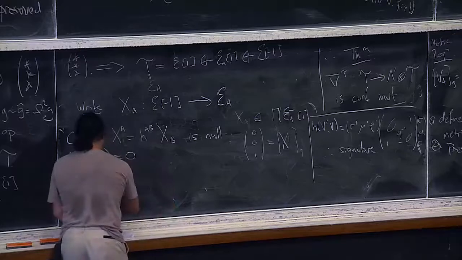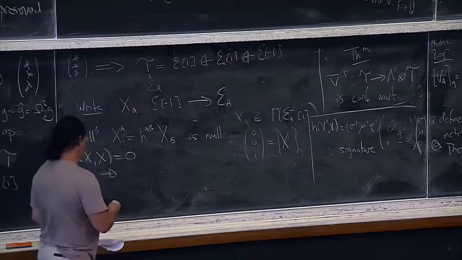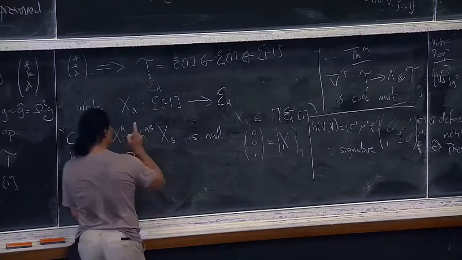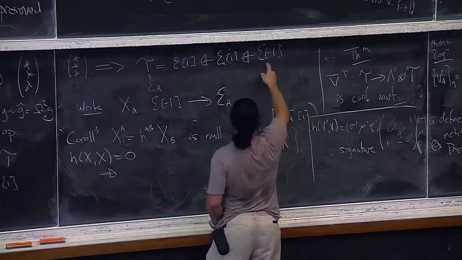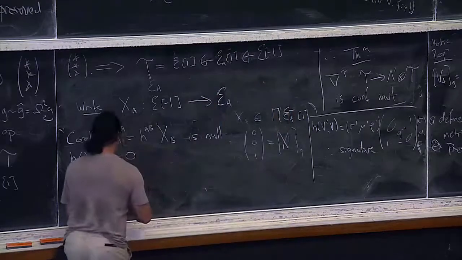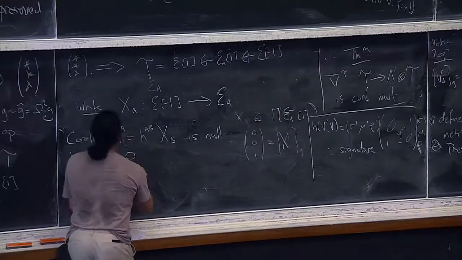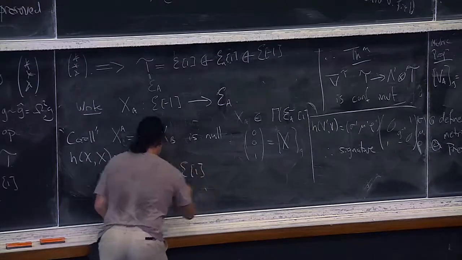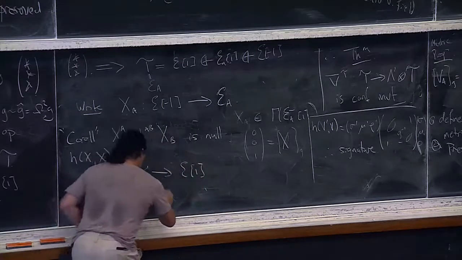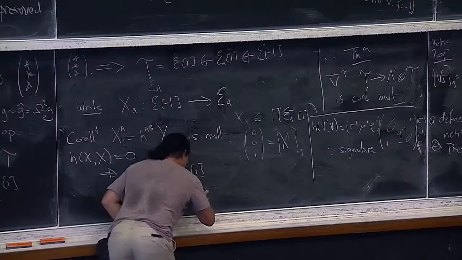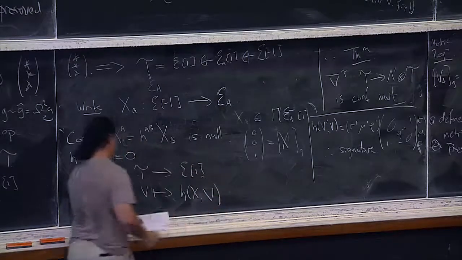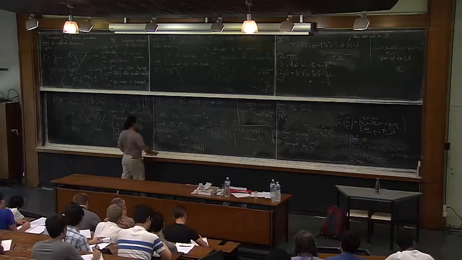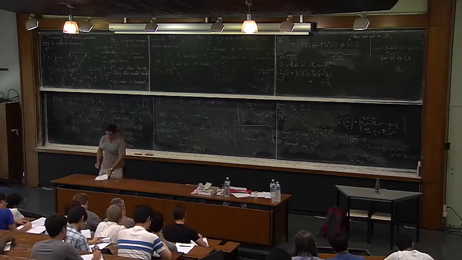And this implies, by the way, using that and this formula for the metric, that we get the projection. So X gives the injection here, but it also gives the projection there. So the map from T to here is given by taking V in here and mapping it to h(X, ·), and contracting it with V. So X is this canonical tractor, so it does those injections and projections.